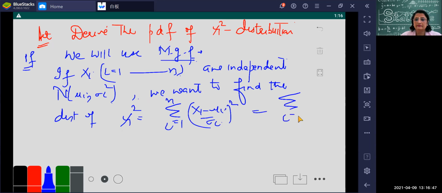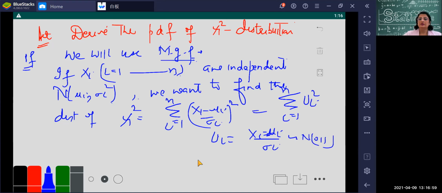So let us name it ui square, where ui is a standard normal variate, (xi minus mu i) upon sigma i, which follows N(0, 1). I hope the first point is clear: we have to find chi-square by the MGF method. Chi-square is represented as the summation of ui square.